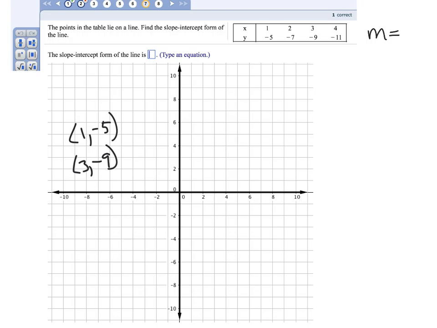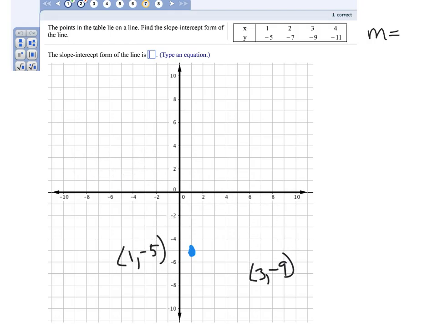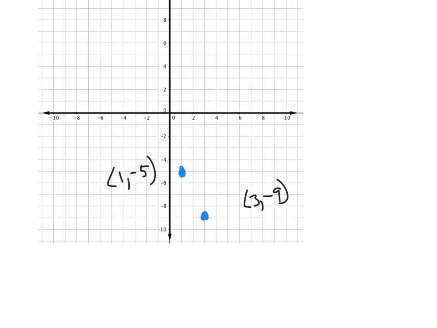So let's see, where is 1, negative 5? Well, 1, negative 5 is going to go about here. There's our 1, negative 5. And then where is 3, negative 9? That's going to be way down here. So 3, negative 9 is going to go right here. All right, and so now we imagine our line is going like that.